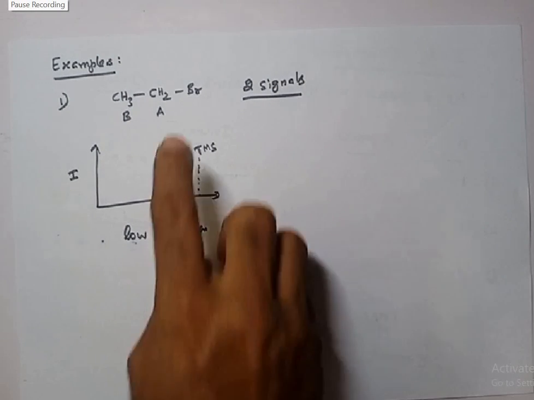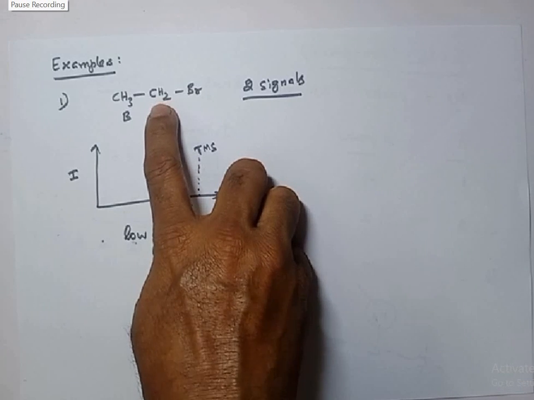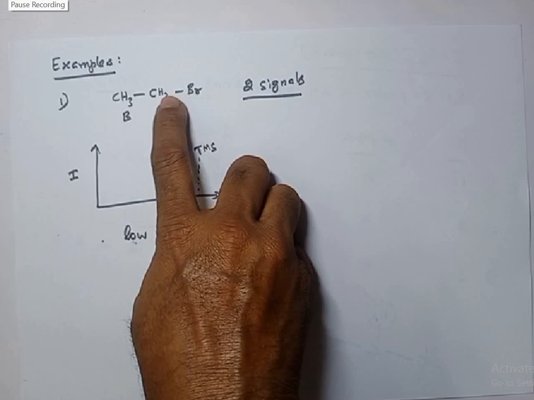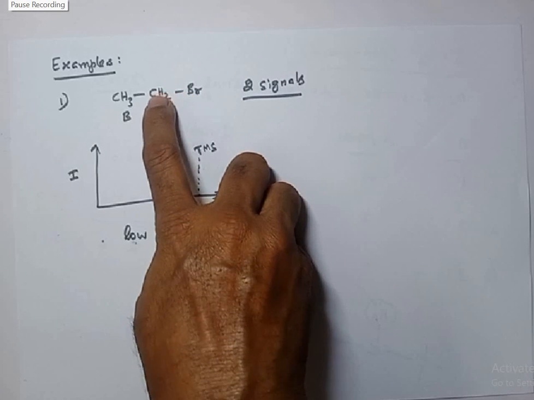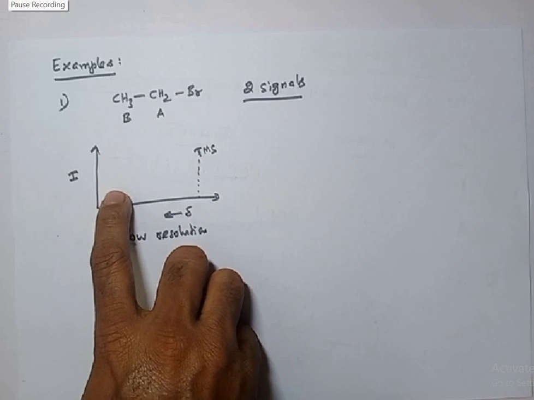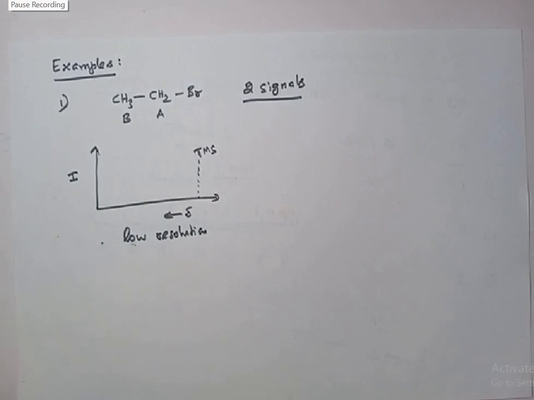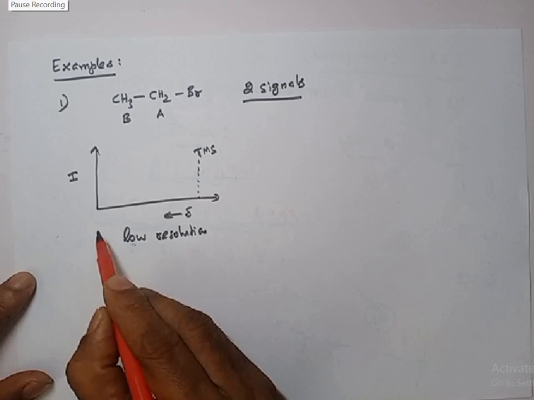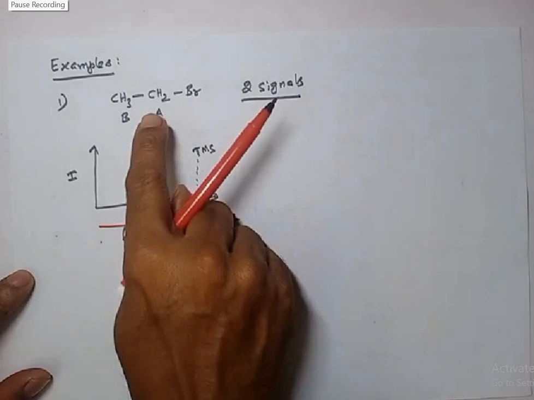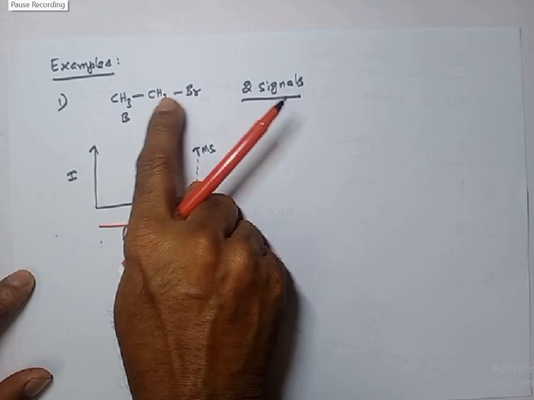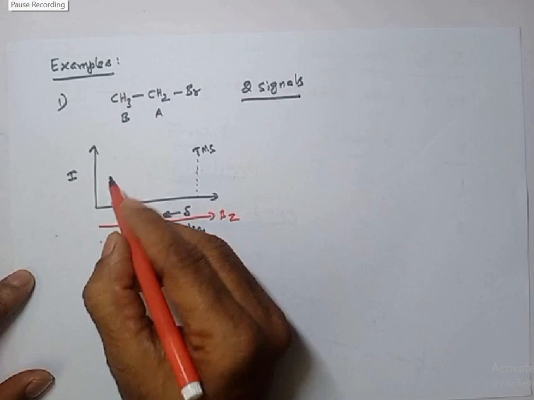Now, listen, these 2 hydrogens, the A protons, are close to the electronegative atom. Therefore, these CH2 protons give signals in the low field. You know very well, from left to right, magnetic field strength increases. So the CH2 protons are close to the electronegative atom, therefore they appear in the low field.